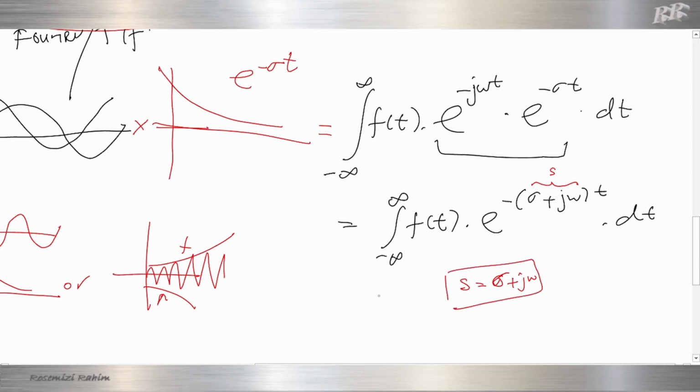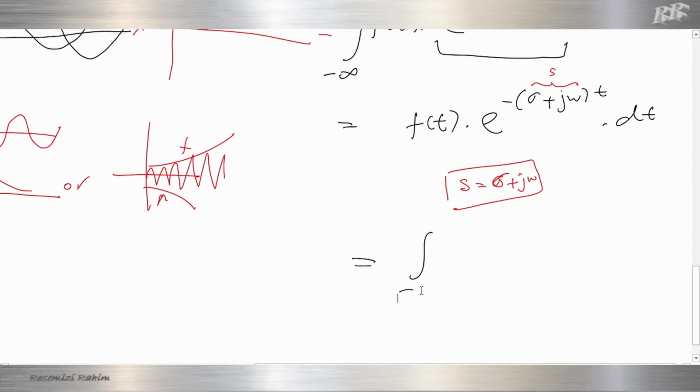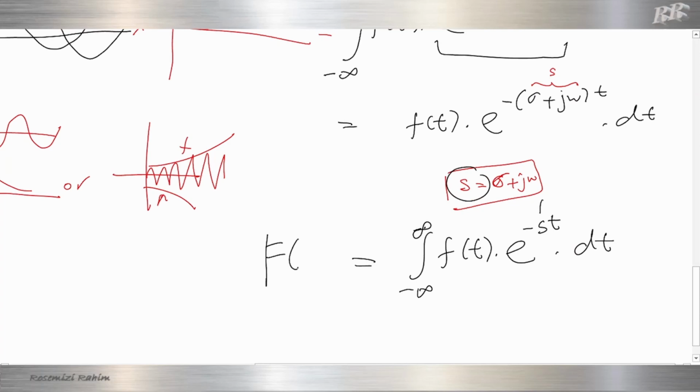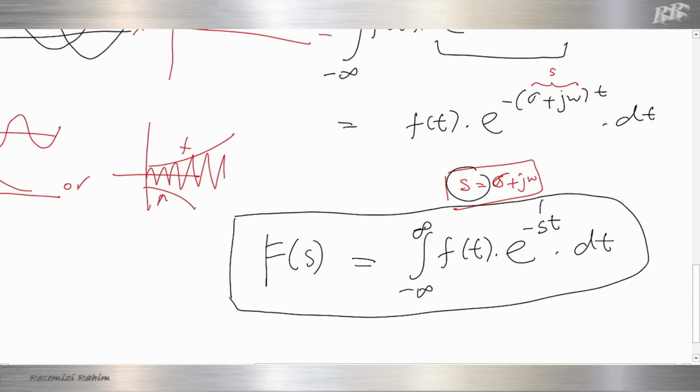So the final equation becomes the integral from minus infinity to infinity of f(t) times e^(-st) dt. This is what we call the s domain, which is the function for the Laplace transform.